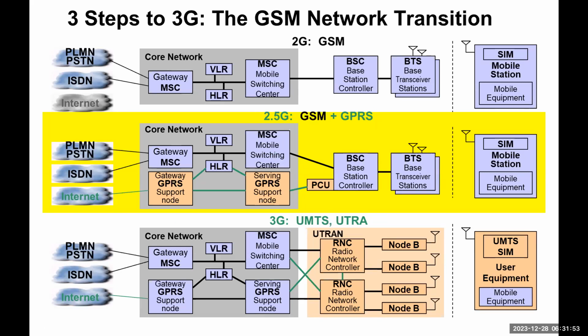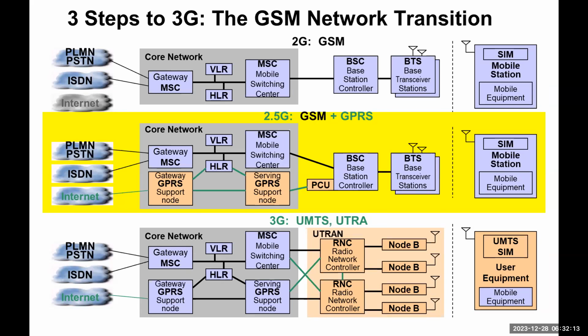The migration from GSM to GPRS and then UMTS is shown here. To transition from GSM to GPRS requires the addition of new hardware and software.